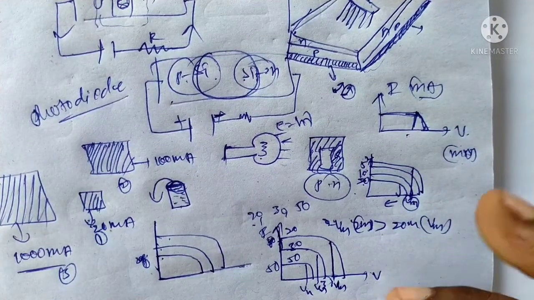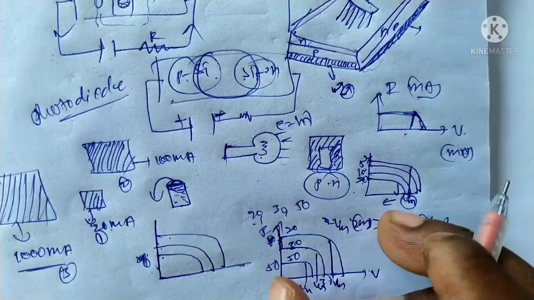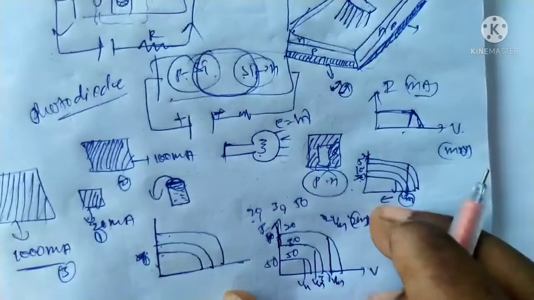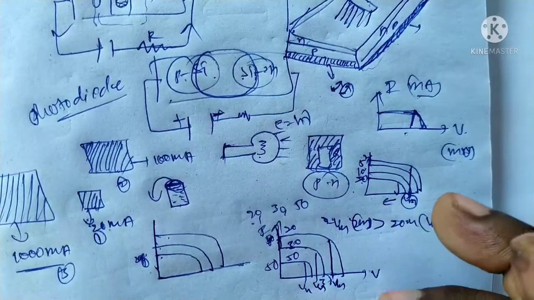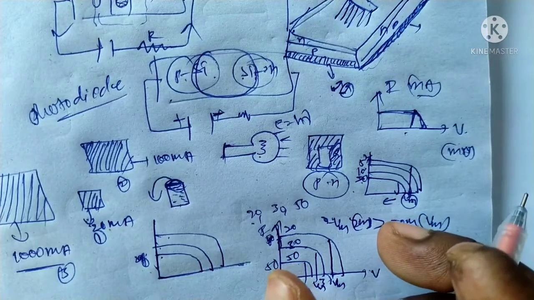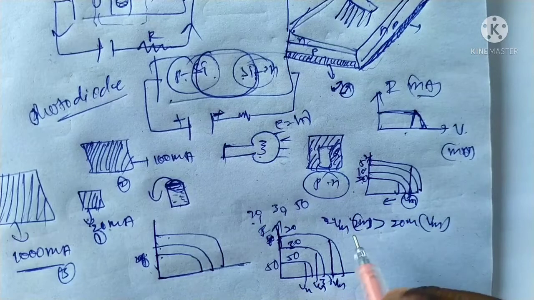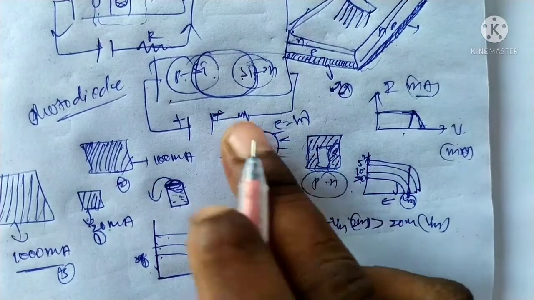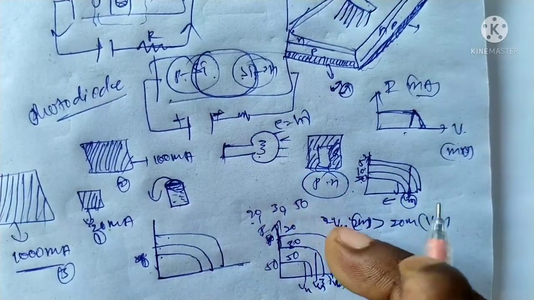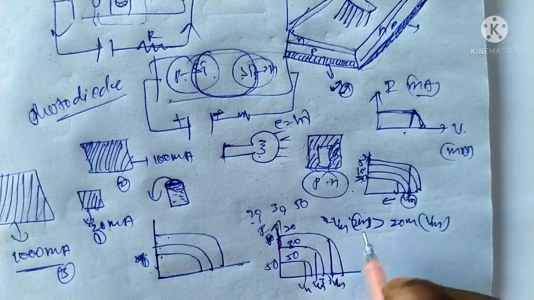Different metals have different energy storage. That is the band gap: low band gap metals store the energy more. So solar cells depend upon different parameters.